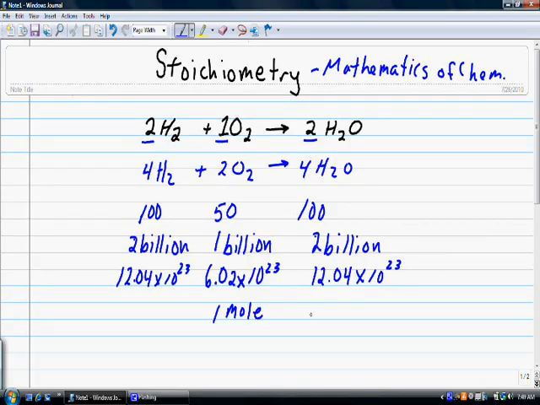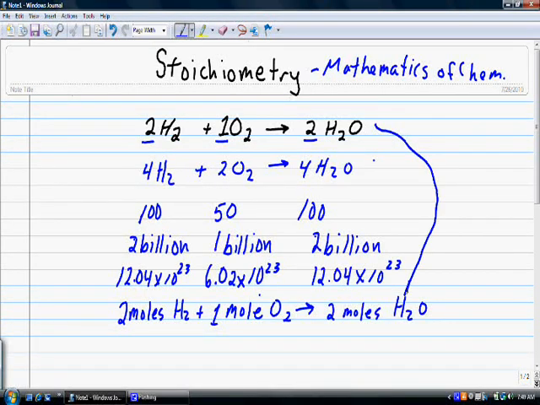And so we can say that if I have 1 mole of oxygen, that would react with 2 moles of hydrogen, producing 2 moles of water. And so from a molecule standpoint, we can also refer to this as moles.